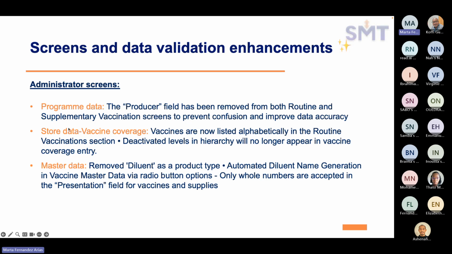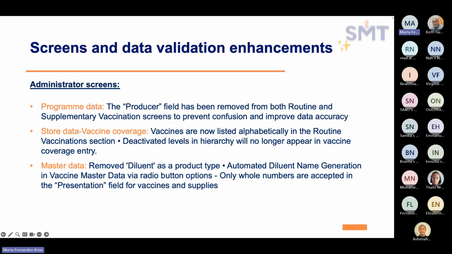For the store data, the screen where you enter the expected coverage, there are also some minor changes. The vaccines are now sorted alphabetically to make it easier. And also there was an issue of supply chain levels that were deactivated in the hierarchy and were still showing on this screen.